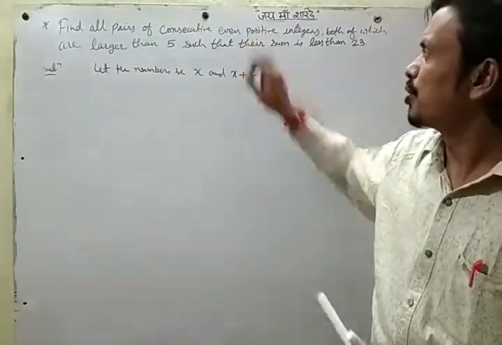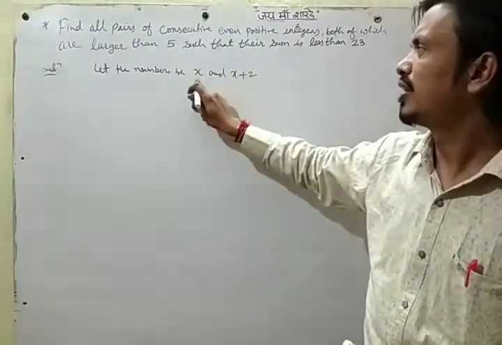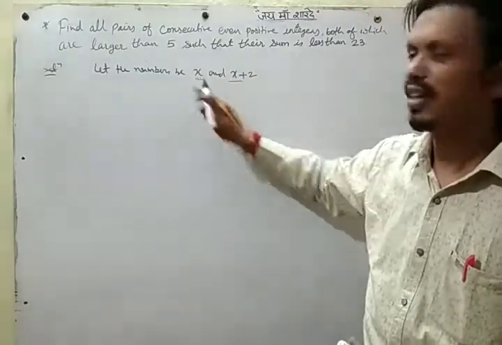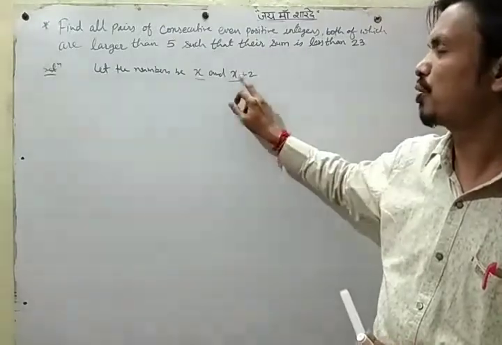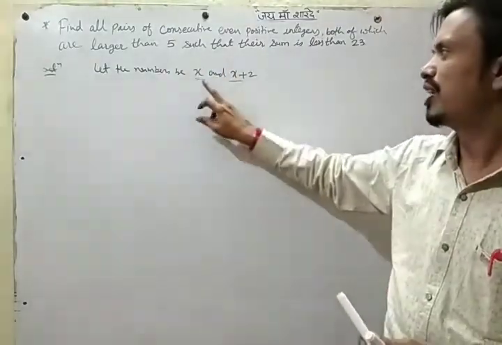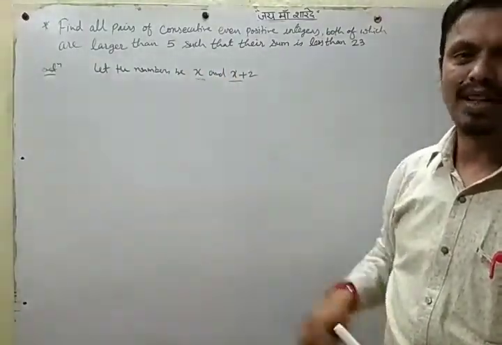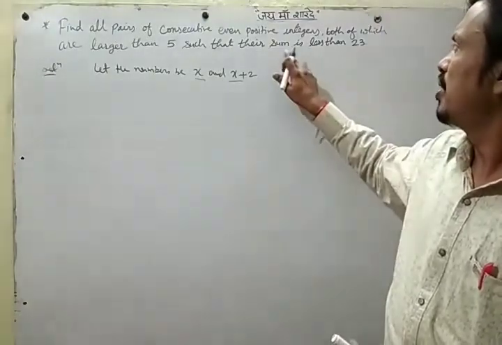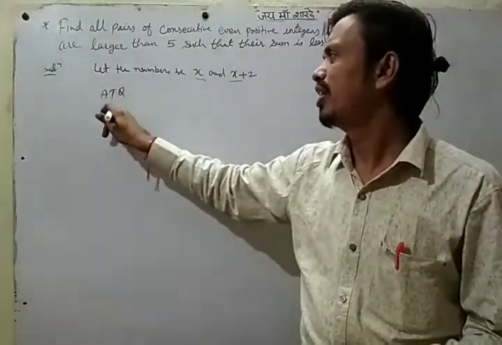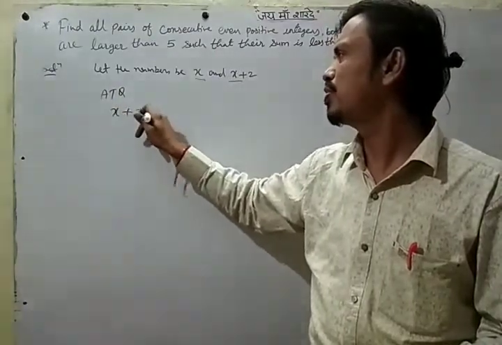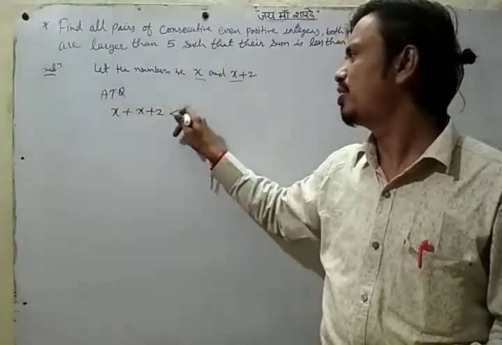Okay? And here it is positive integer. Now these are positive. So X is smaller than X plus 2. If X is positive, then X plus 2 will be more than this X. So it is the small number, and this is the greater number. Now their sum is less than 23. So according to the question, X plus X plus 2 is less than 23.